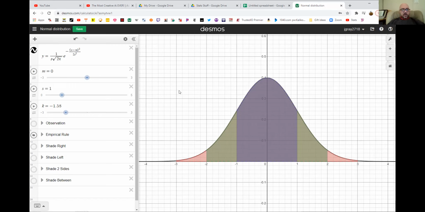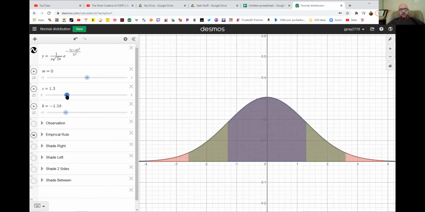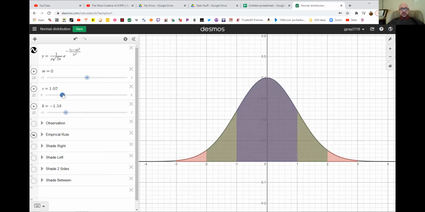So I should point this out. Notice I've got my standard deviation set to 1 here. If I make this a little bit wider, right? So now it's 1.3. It changes where these boundaries are in terms of absolute numbers, right? When the standard deviation was 1, the boundaries were at 1, 2, and 3, right?